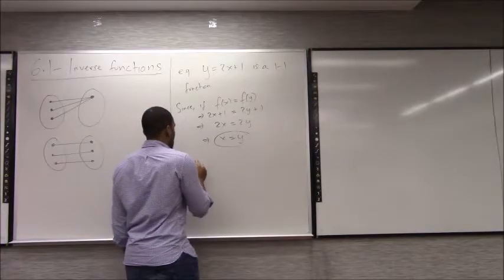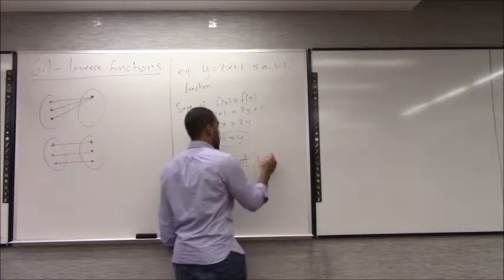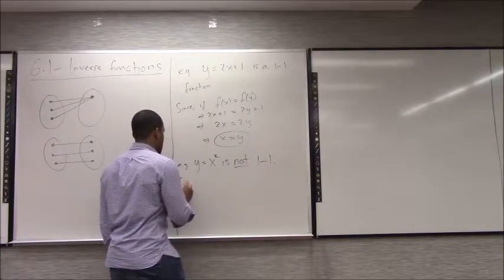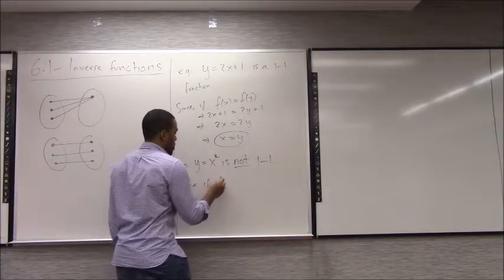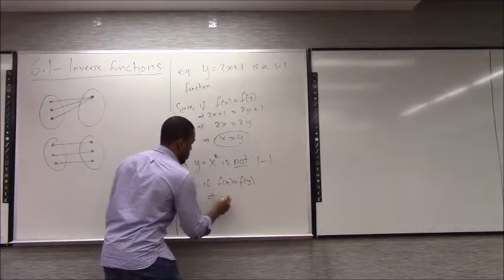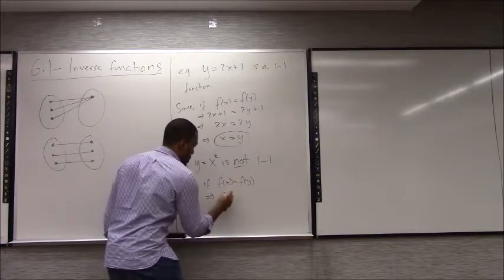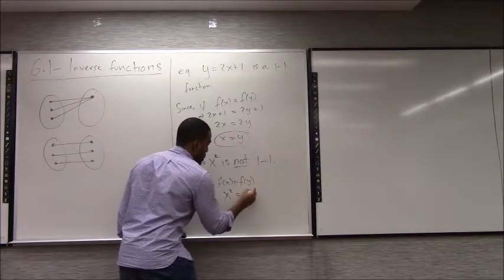Example, y equals x squared is not one-to-one. Since if f of x equals f of y, this means that x squared is equal to y squared.